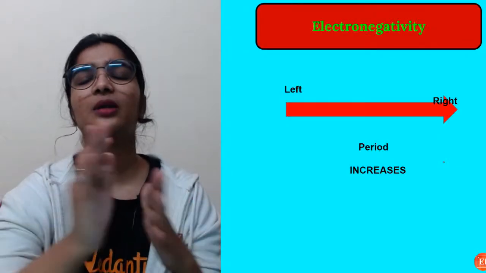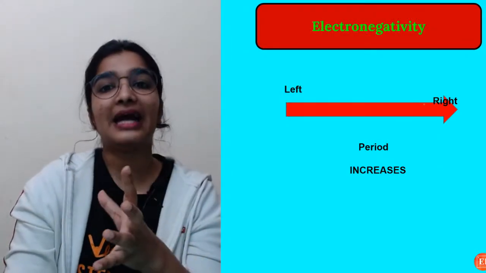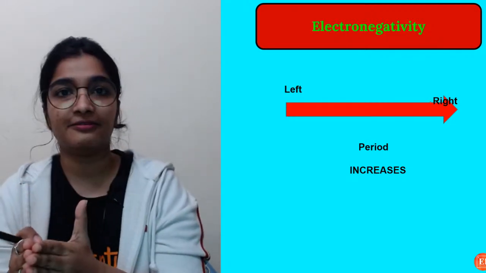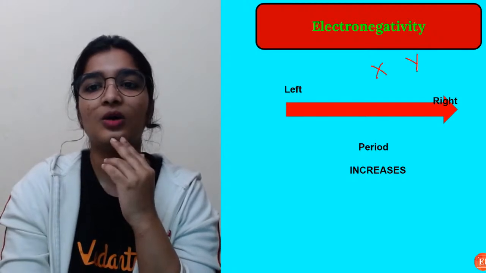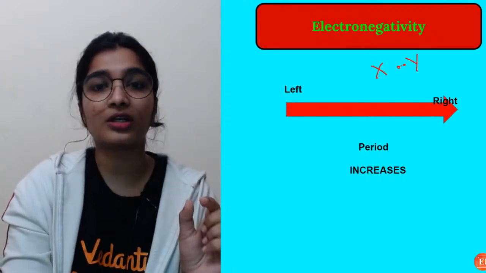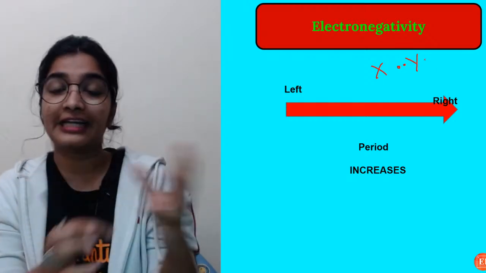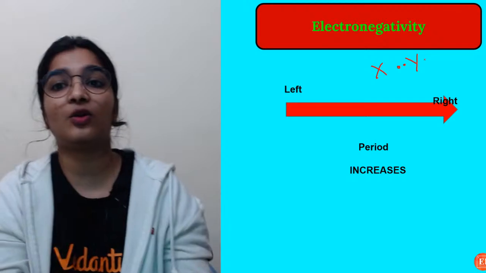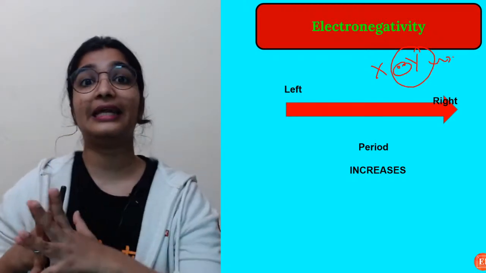Then there is electronegativity. What exactly is electronegativity? It is the tendency of an atom to pull the shared pair of electrons towards itself. For example, X and Y have a covalent bond between them. Y, as it is more electronegative, has the tendency to pull the shared pair of electrons towards itself. This is what is known as electronegativity.